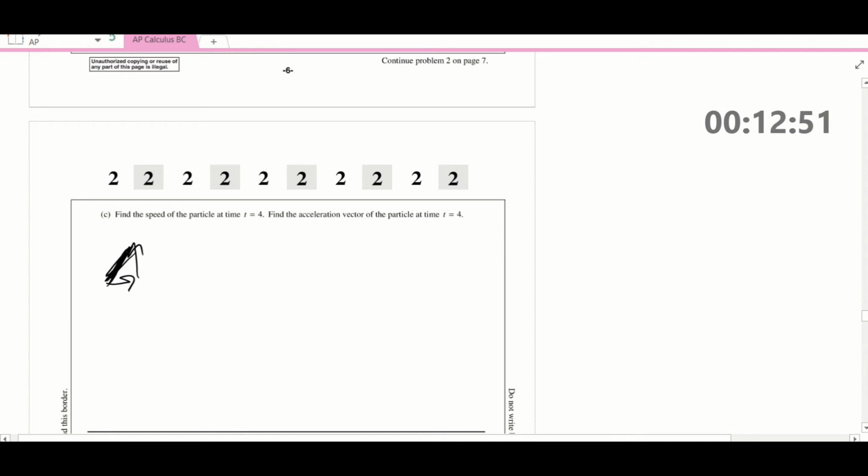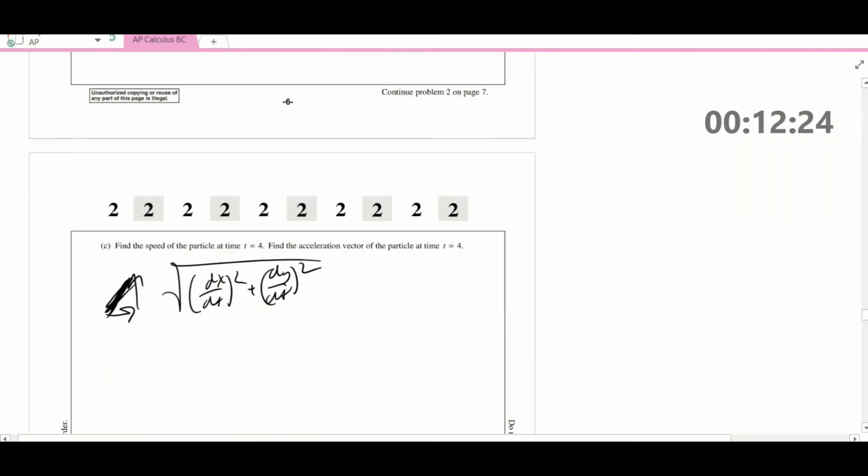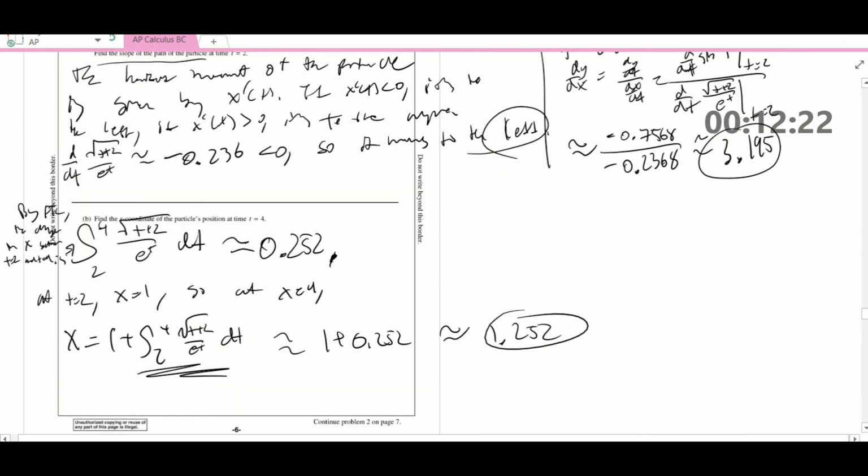I'm not sure if that makes sense, but it'd be the square root of dx over dt squared plus dy over dt squared. So this should look more familiar. It's the integrand for arc length. So intuitively it makes sense.